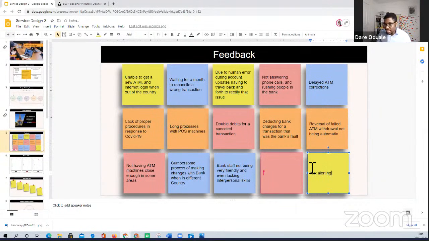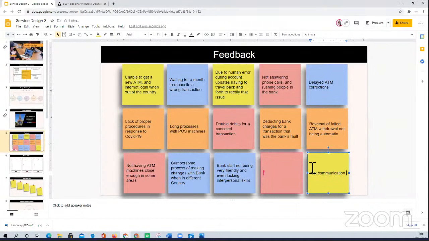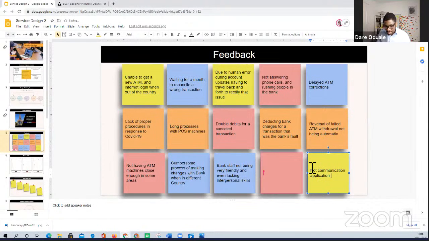So, not notifying or not communicating application updates or service outage to customers.